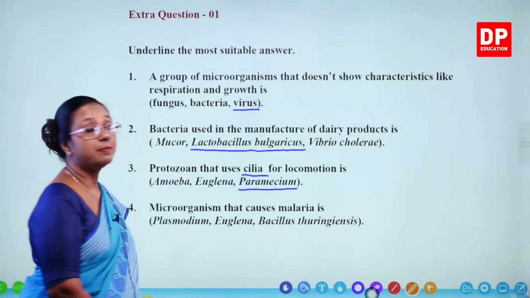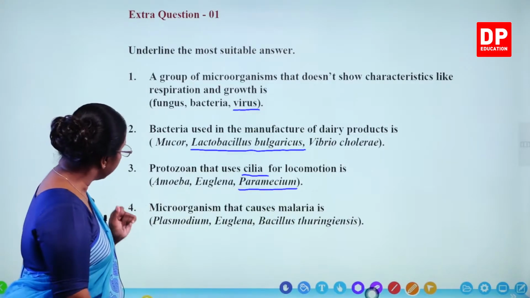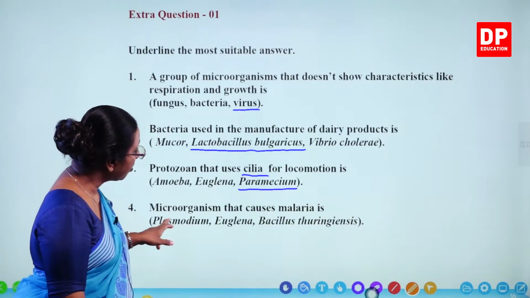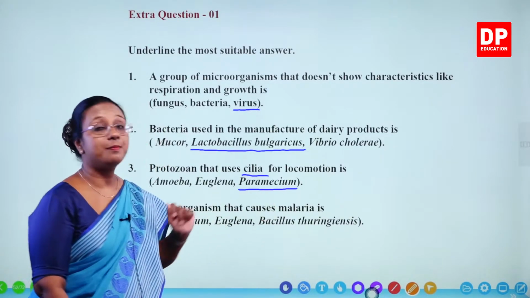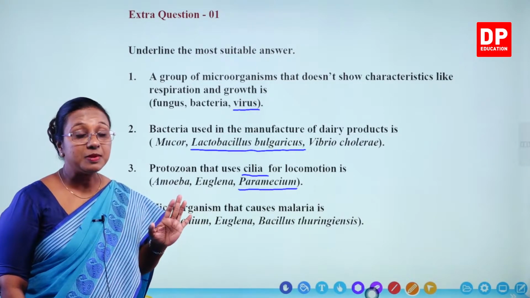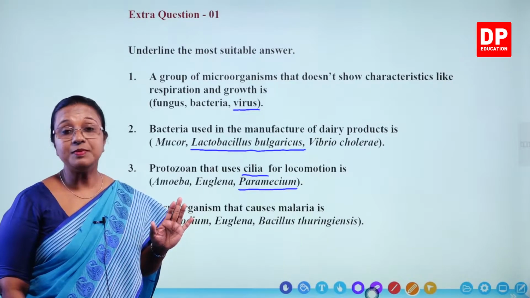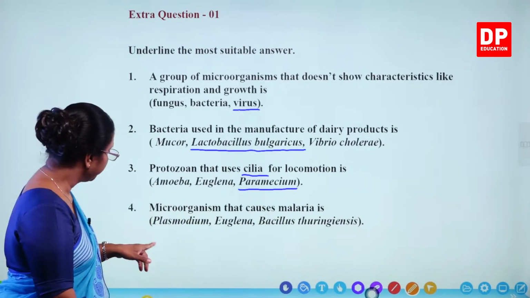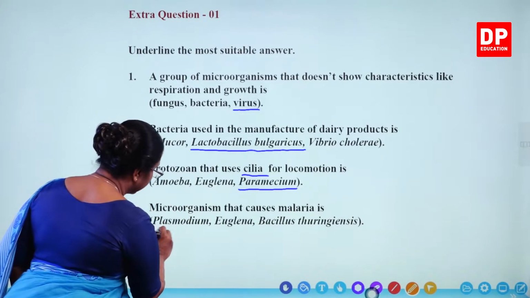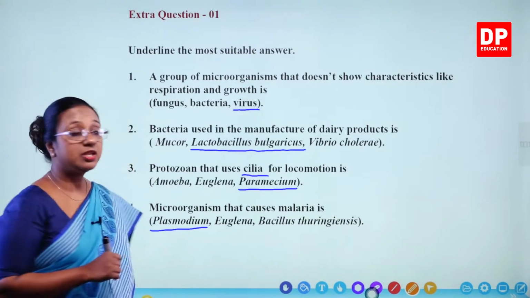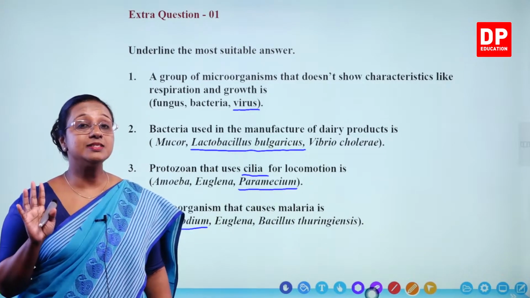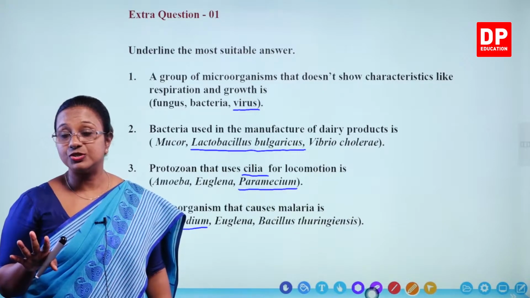So that is paramecium. Then the fourth one, microorganism that causes malaria. You can remember the microorganism. What is that? It's Plasmodium. It is a protozoan. So Plasmodium, that is the first one. What about Euglena? Euglena has chlorophyll. It can do photosynthesis.